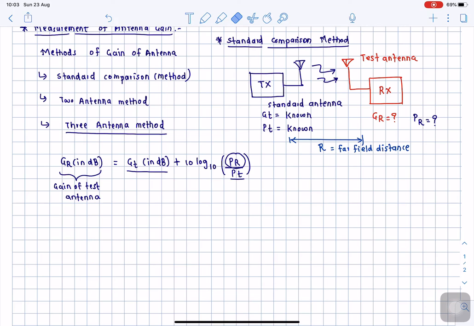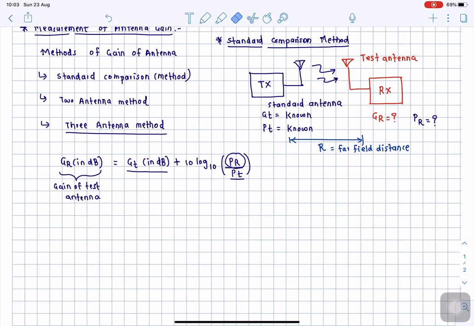if we make use of the same antenna, the condition is that identical antennas are used. Then what can we write? If identical antennas are used, then the gain of the receiving antenna is equal to the gain of the transmitting antenna.